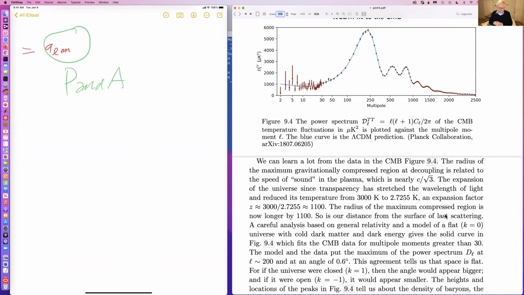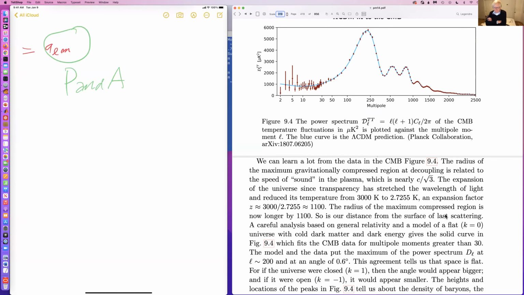And now the expansion of the universe has stretched the wavelength of light and reduced its temperature from 3,000 down to roughly 3 Kelvin, an expansion factor Z of about 1100. And the radius of the maximum compression region is now longer by a factor of about 1100. And our distance to the surface of last scattering is also stretched by a similar factor.